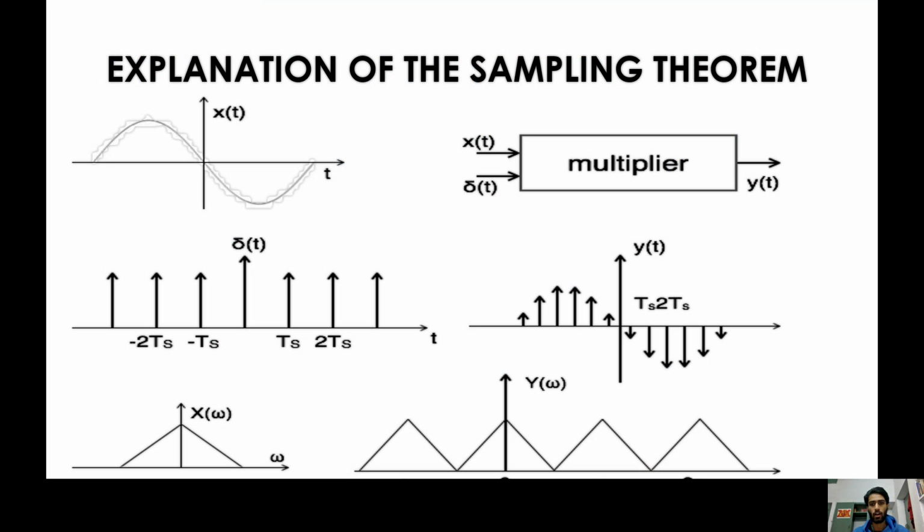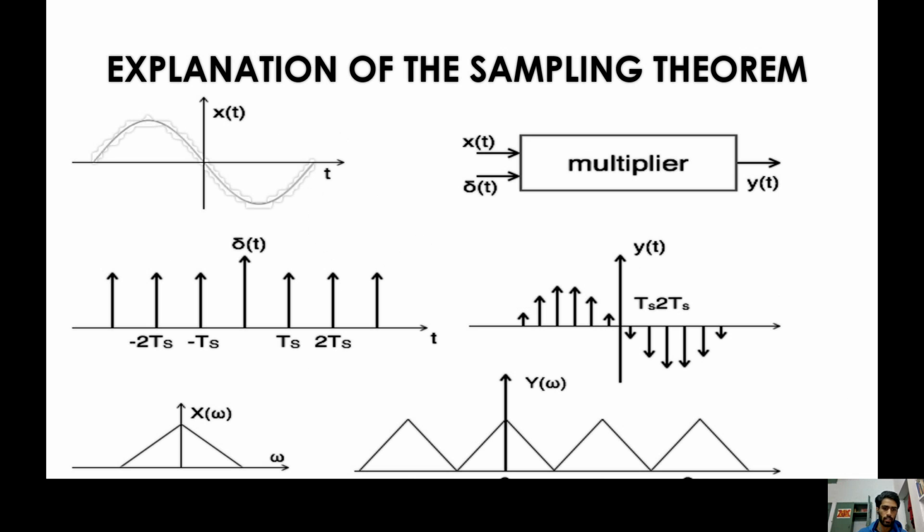Now here's an explanation of how the sampling theorem works. We have a continuous time signal right here, and you multiply it with the impulse signal, and you get the output signal. Here is the impulse signal delta t, and it is taken at a particular interval, which is ts, and when you multiply it with the input signal, you get this discrete sampled signal.